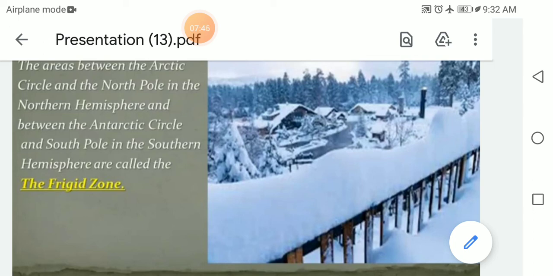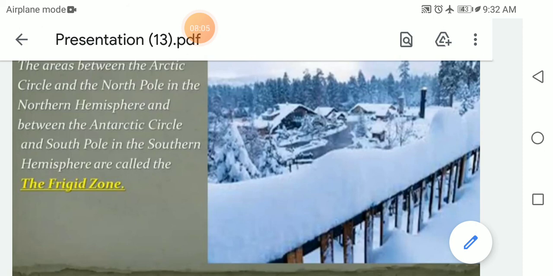They do not get much heat, as the sun's rays are not received by these areas. That's why these areas are very cold throughout the year.